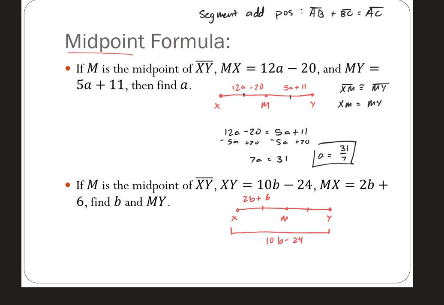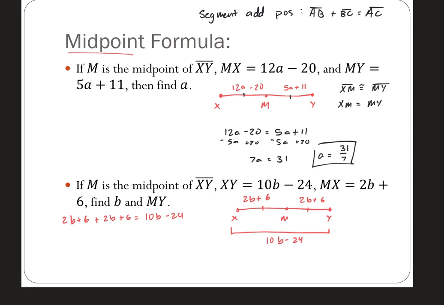So now there's two ways you can start this equation. I can either say this piece is 2B plus 6, so I have 2B plus 6 plus 2B plus 6 is equal to 10B minus 24.